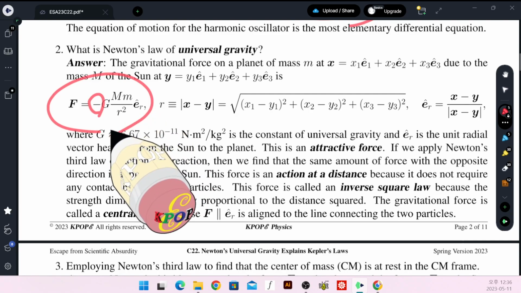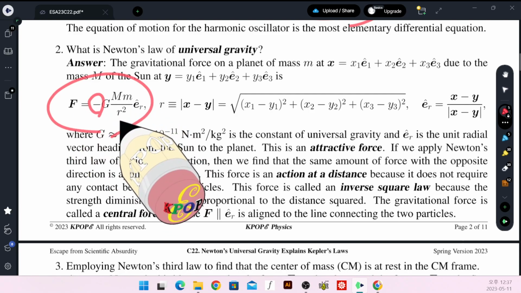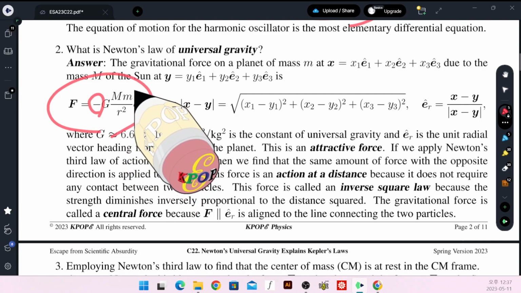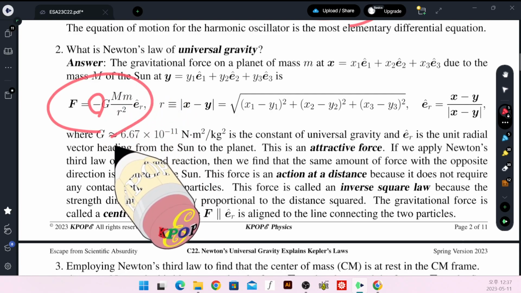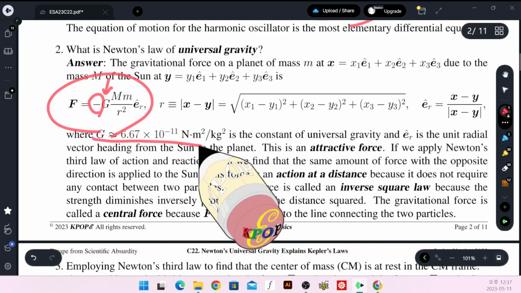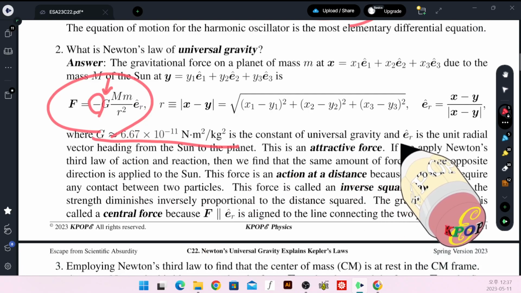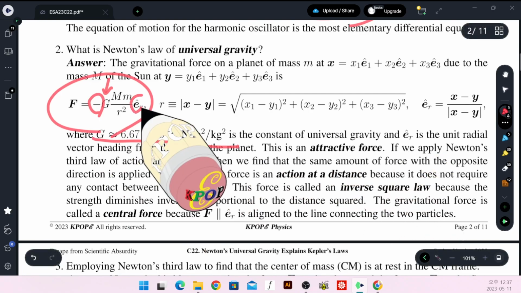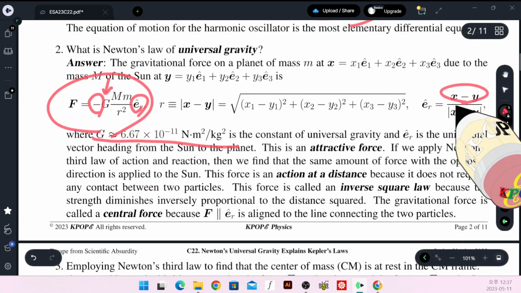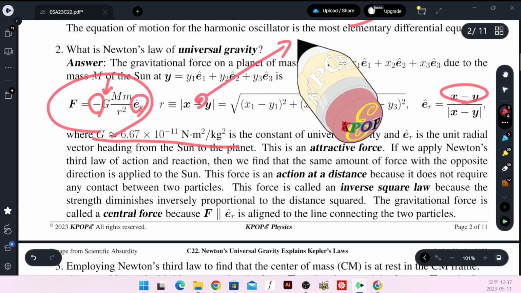The inverse square law means the strength of the force is proportional to the reciprocal of the square of the distance between the two particles. The strength of the force is determined by the universal constant of gravity. And here, the direction is parallel to the displacement from one massive object to the other.